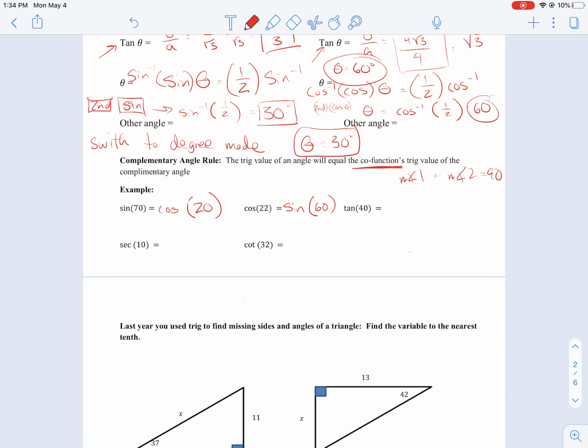Okay, the tan of 40 is going to be the cotangent of 50.